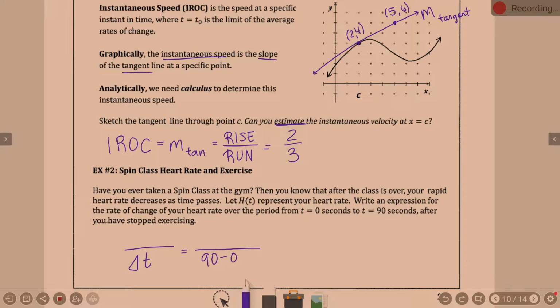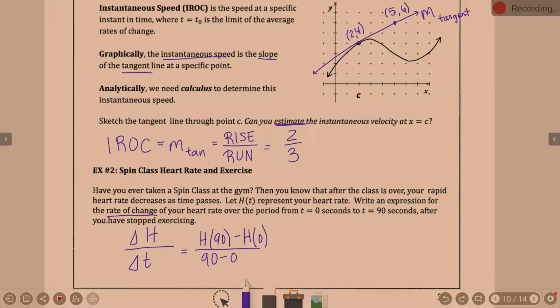Mm-hmm. Yeah, because it's the rate of change, yes? Just like we were finding rate of change on the front page. On the bottom, it was the change in time. On top, it's going to be the change of, what are we talking about? The heart rate, yes? So it's going to be the heart rate at time 90 minus the heart rate at time 0.